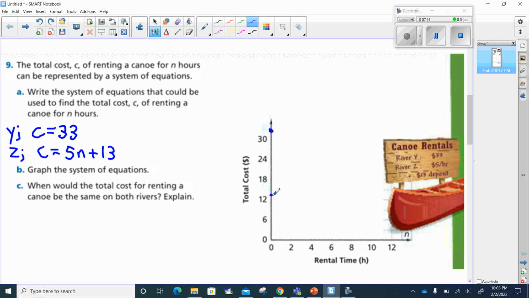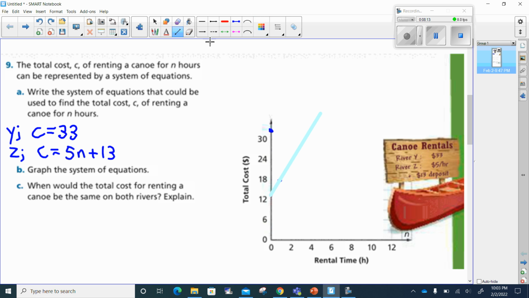And then 5n means I would go up 5 and over 1. So from 13 plus 5 would be 18. So that's up 5 and over 1. 1 is going to be about in between 1 and 2. And so if I graph this, it's going to go about like that.